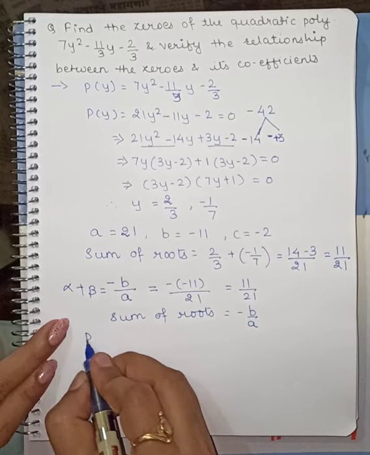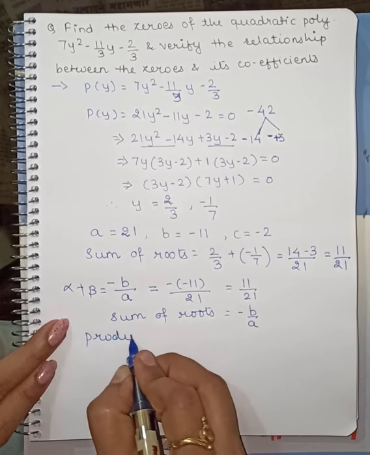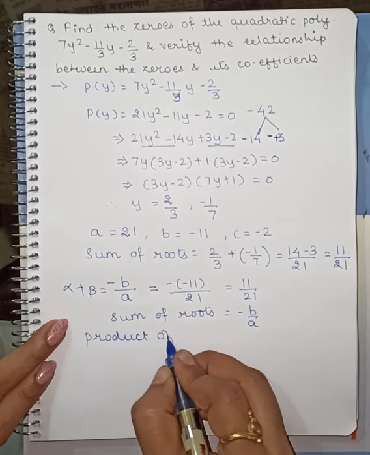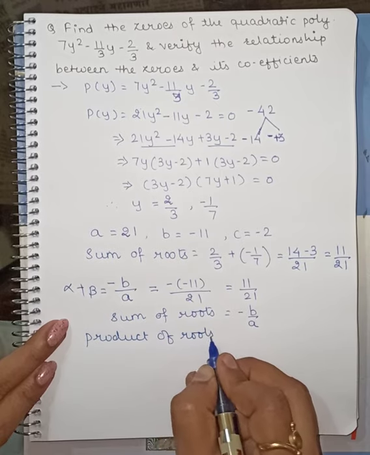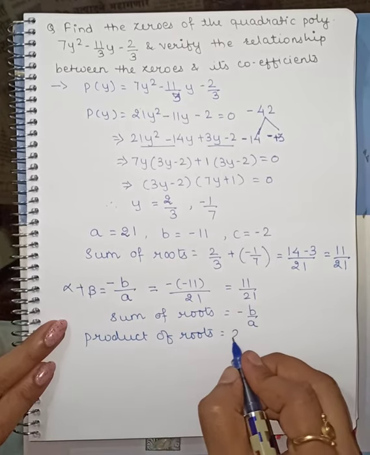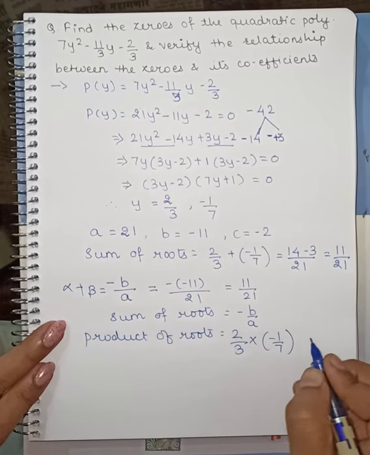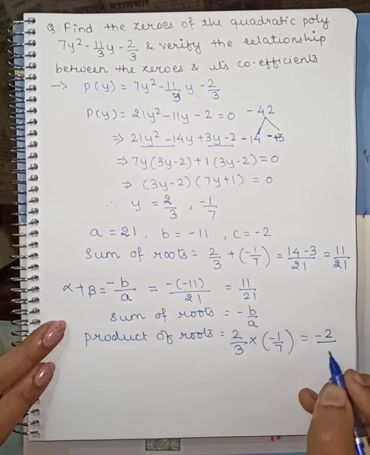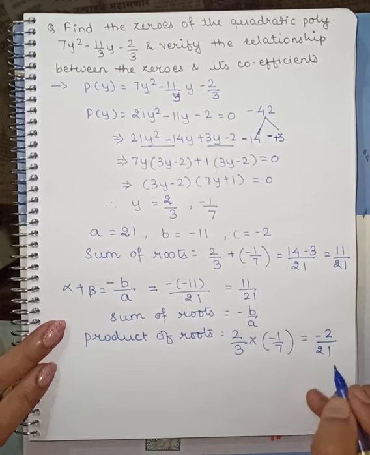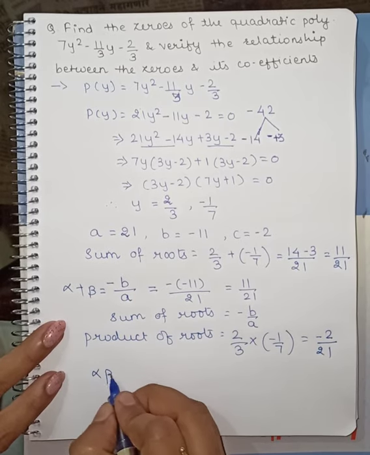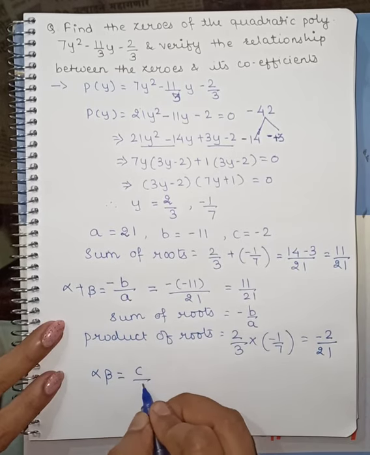Similarly, let us verify the product of roots also. So the product of roots is 2 by 3 into minus 1 by 7. 2 into minus 1 is minus 2, whereas 7 into 3 is 21. And here I know that the product of roots is given by c by a.